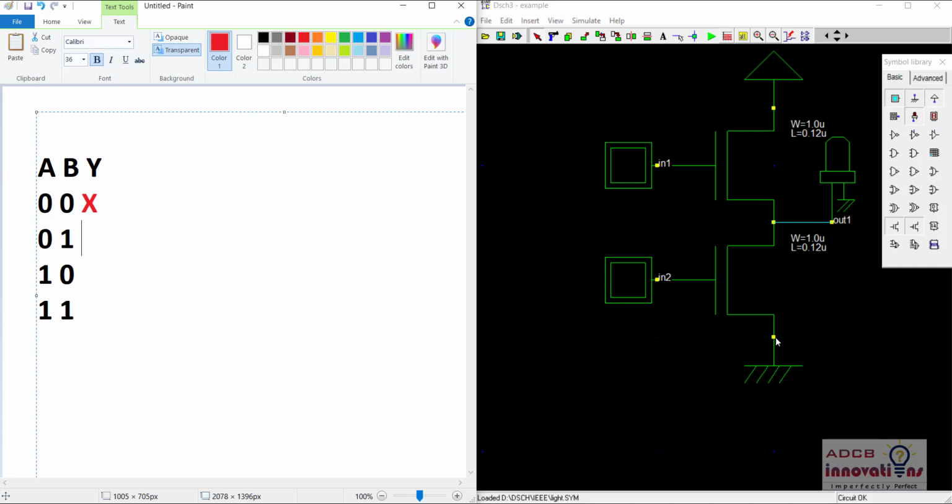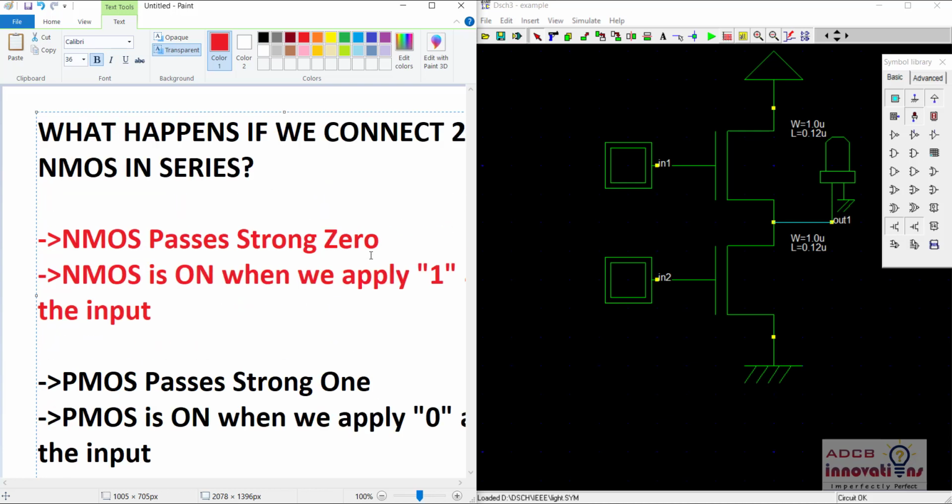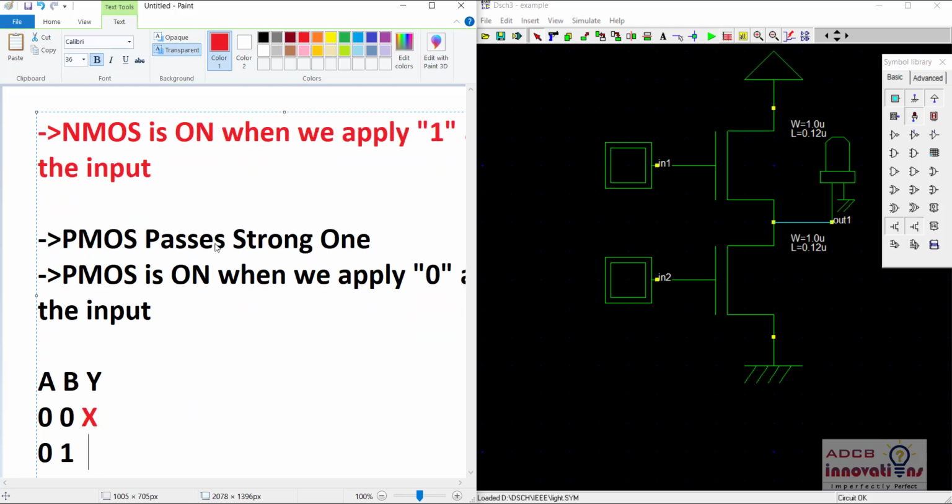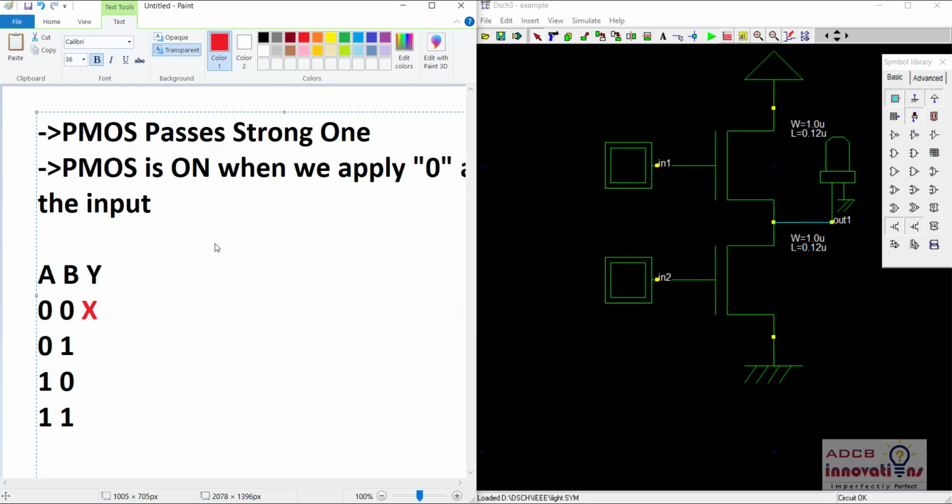Here there is ground, the lower potential, that is the logic 0 value. NMOS passes strong 0, so it will be able to pass this logic 0. That's why in this case the output will be 0. We will do the simulations after understanding what is happening here.